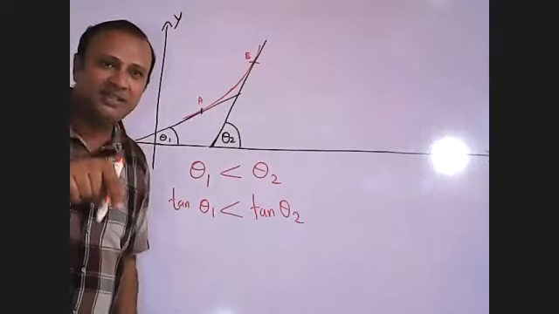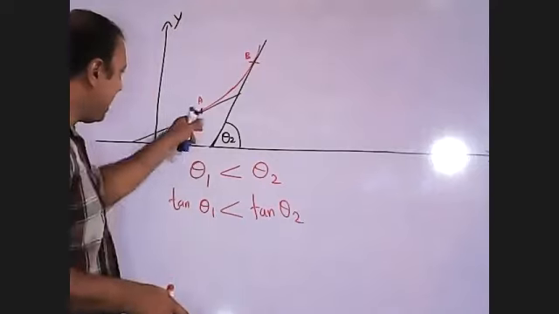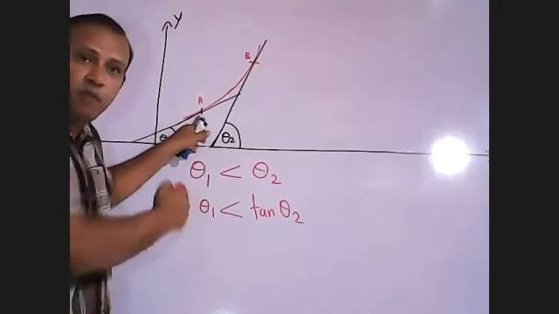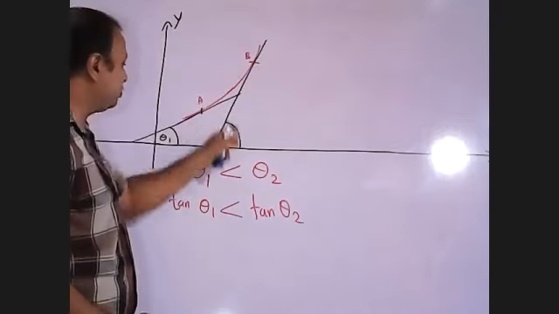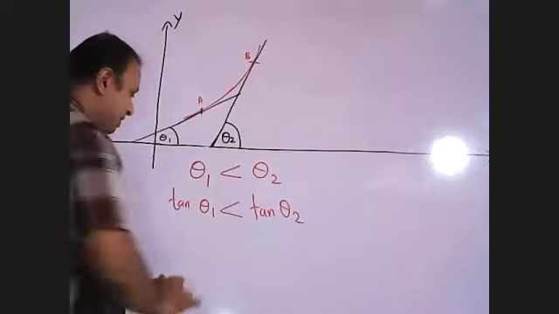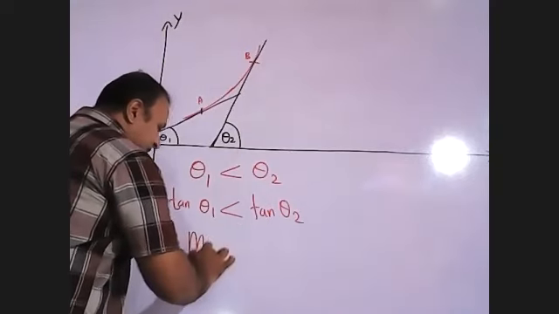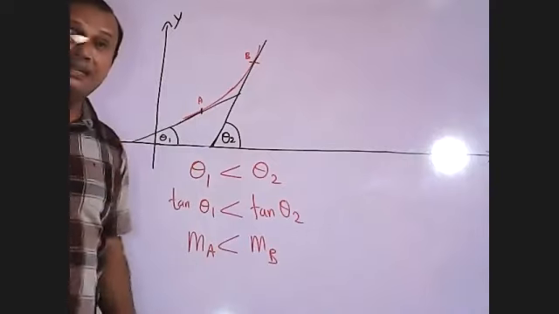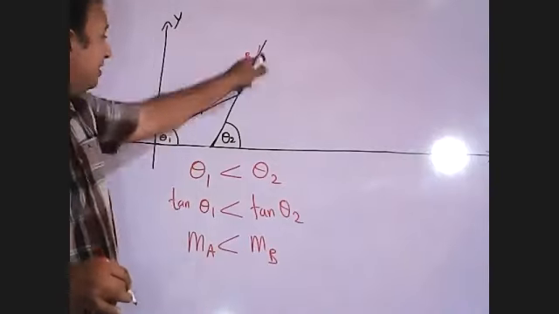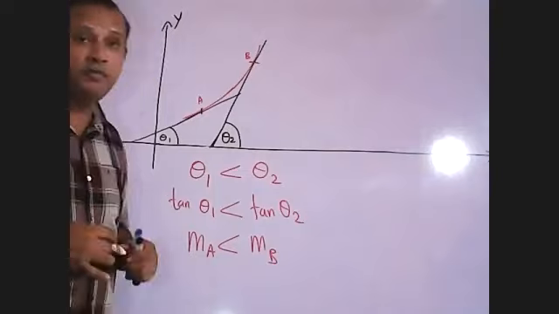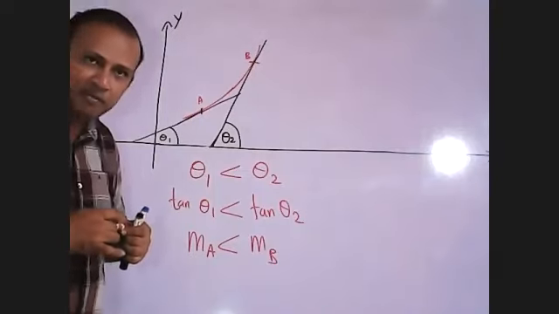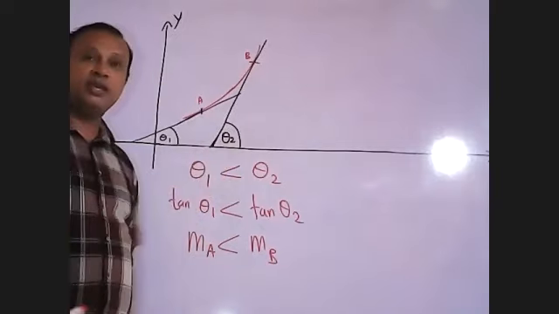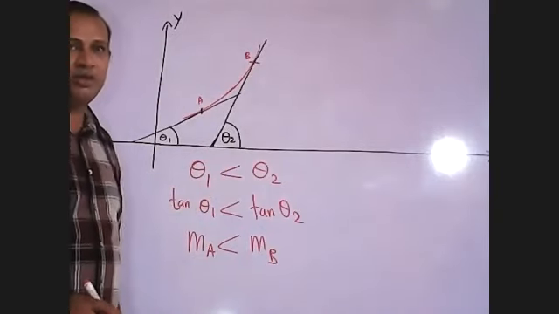Look at that argument. Tan theta 1 means the gradient at point A. Tan theta 2 means the gradient at point B. Therefore, the gradient at point B is higher than the gradient at point A. That means from A to B, the gradient also increases.